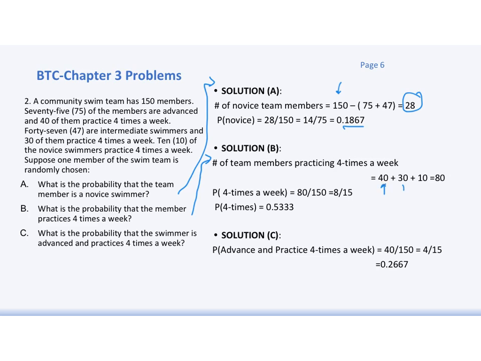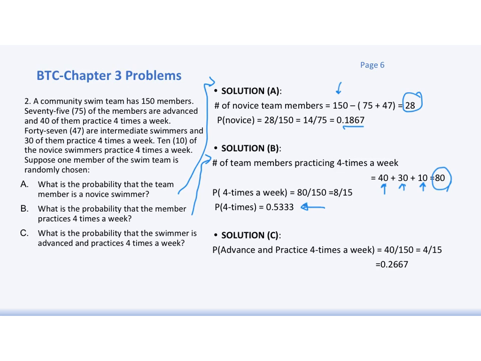For the intermediate there's 30, and we were told that 10 novice practice 4 times a week. That gives us 80, and so the probability that we choose a swimmer that practices 4 times a week is 80 divided by 150, or 8 divided by 15, which is 53.33%.